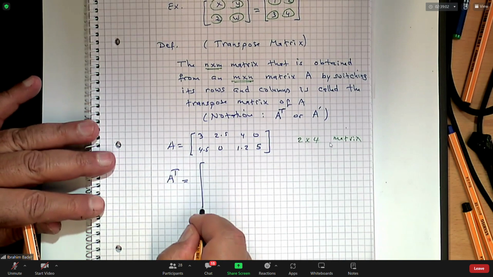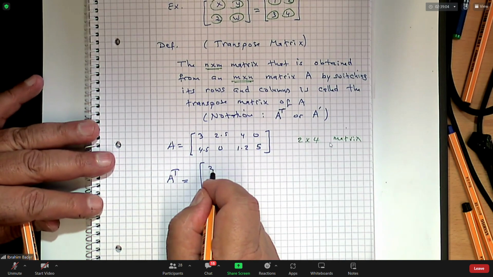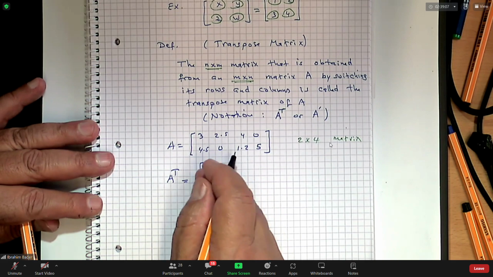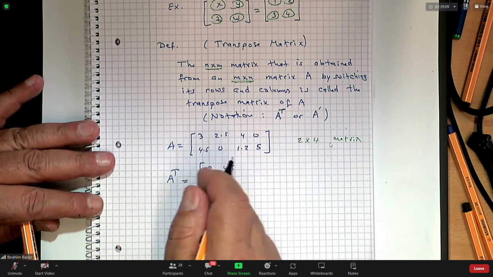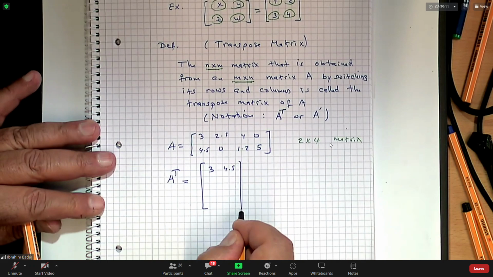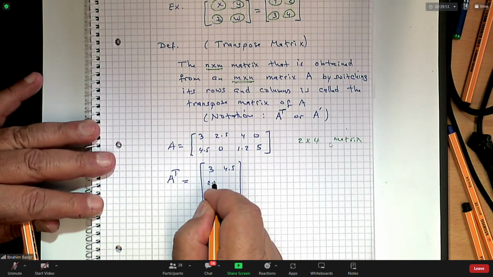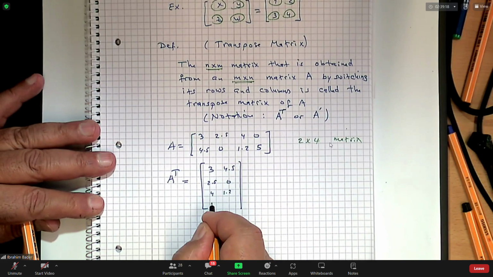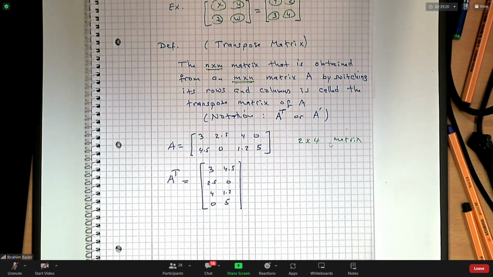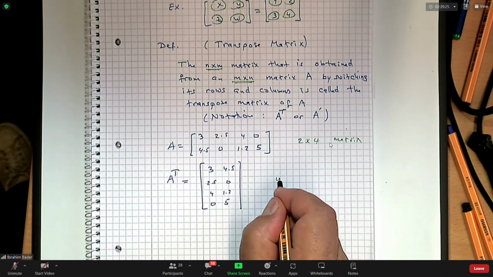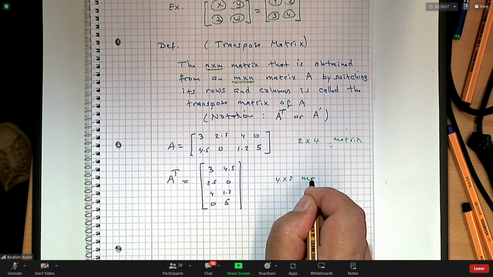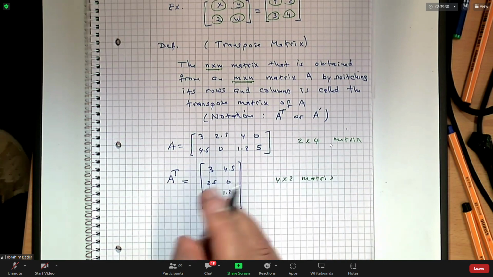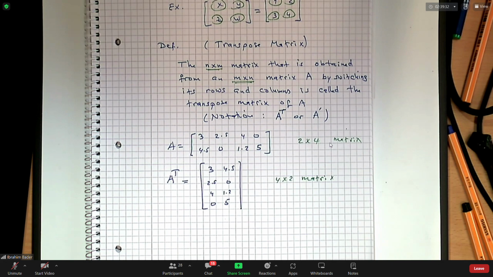This column 3, 4.5 will be a row in the new matrix, then 2.5, 0, 4, 1.2 and 5. As expected, this is a 4 by 2. Just switching the order of the elements.